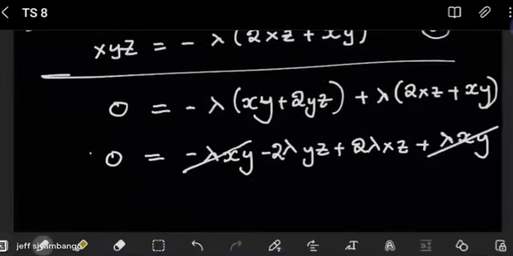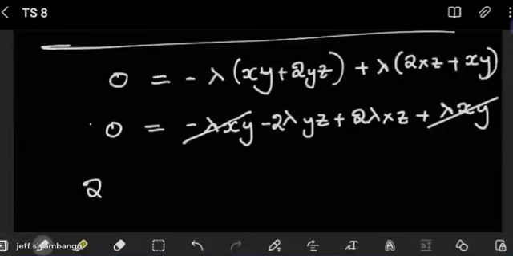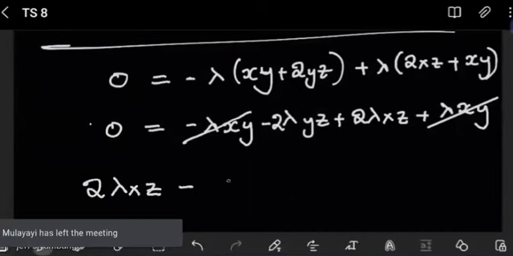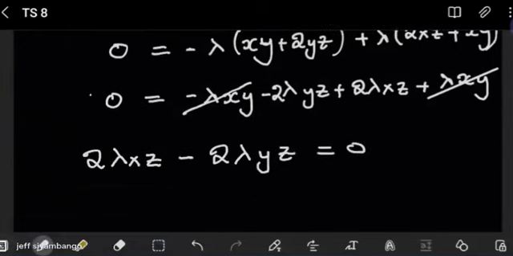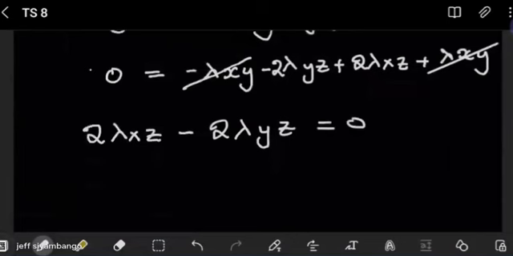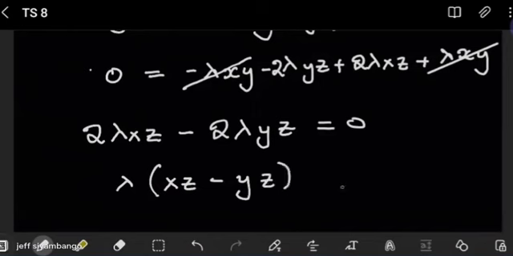They'll give us 0. So if I rearrange now, I have 2 lambda xz minus 2 lambda yz is equal to 0. Well, 2 cannot be equal to 0, so 2 is out here. Then when we factor out, we now have xz minus yz is equal to 0.